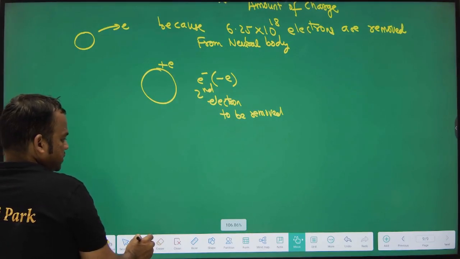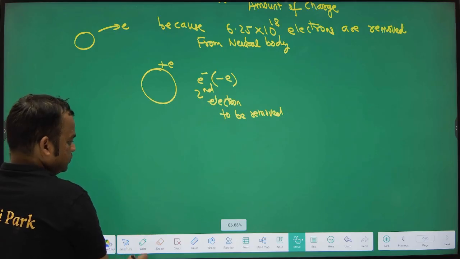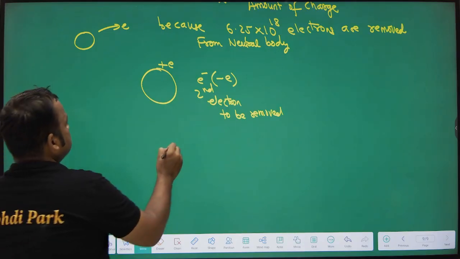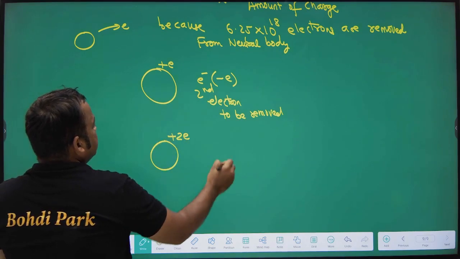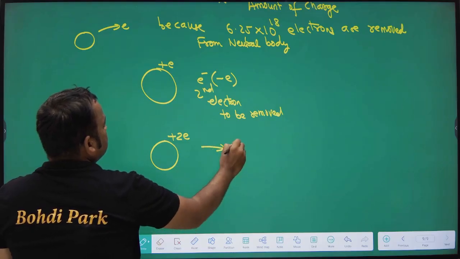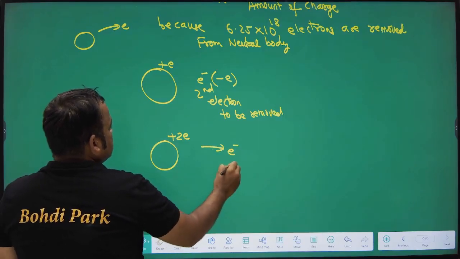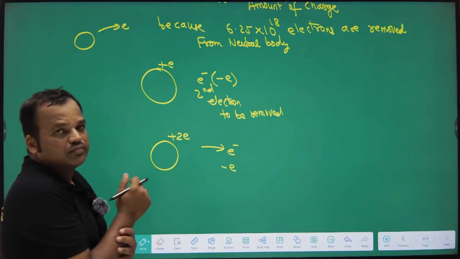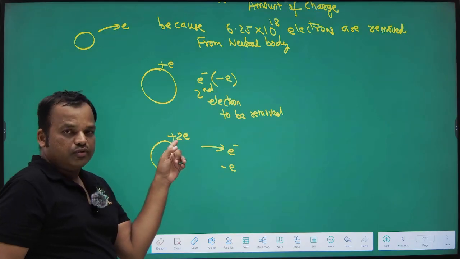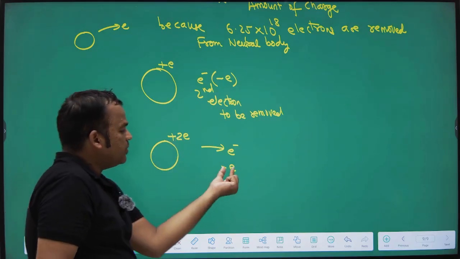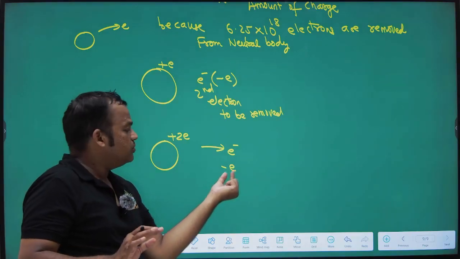Why? Because now the charge on this object is plus 2E, and now you are removing the next electron whose charge is minus E. So this minus E is experiencing attractive force from plus 2E. So this minus E is not easy to remove.